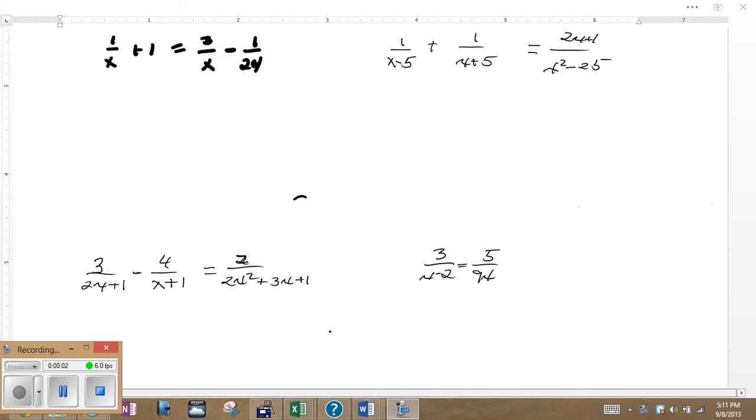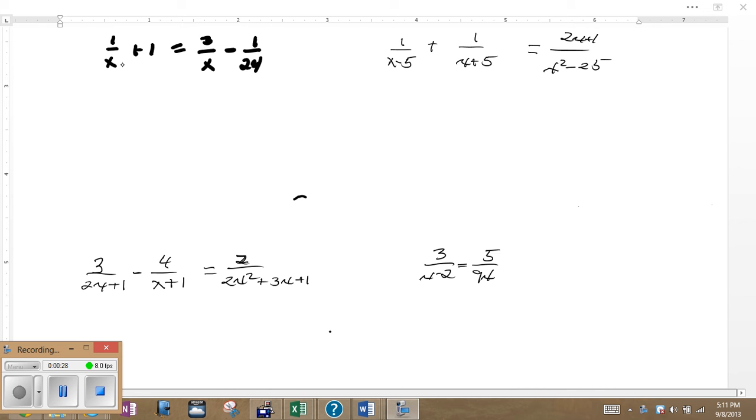Now in this lesson we want to look at solving fractional equations. In solving any fractional equation, the very first thing you need to determine, before you determine what the value of the variable is, is what it is not. What do I mean by that? Well, we've always been taught that division by zero is undefined.